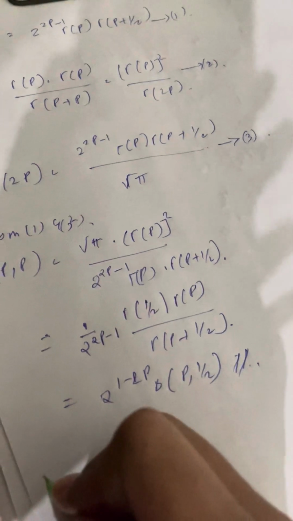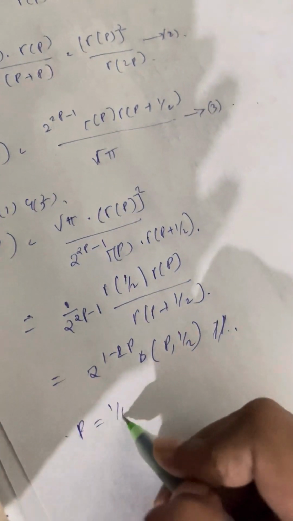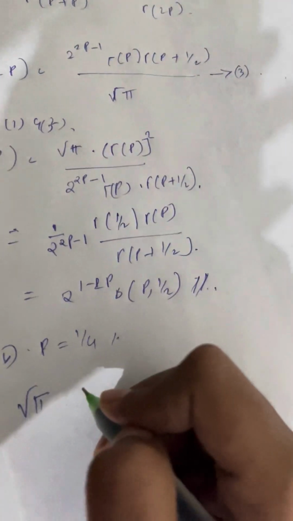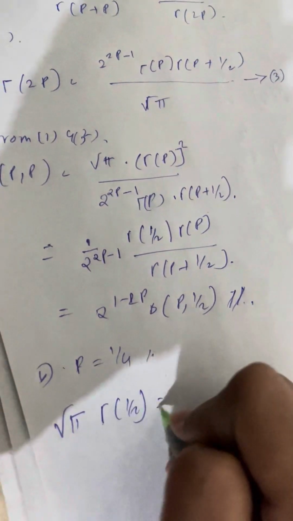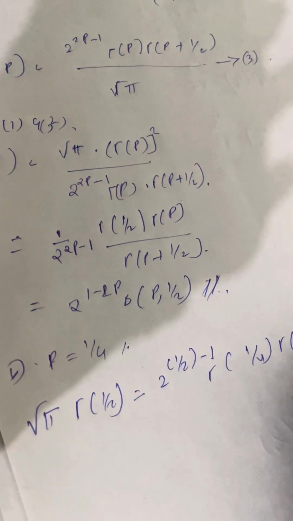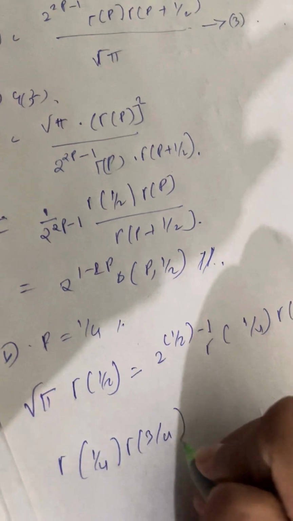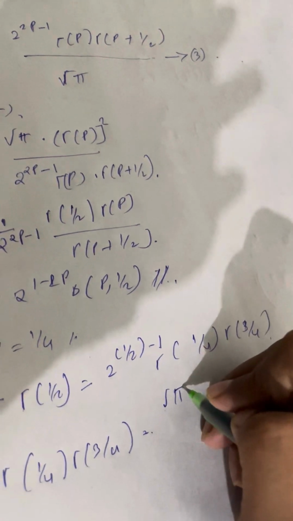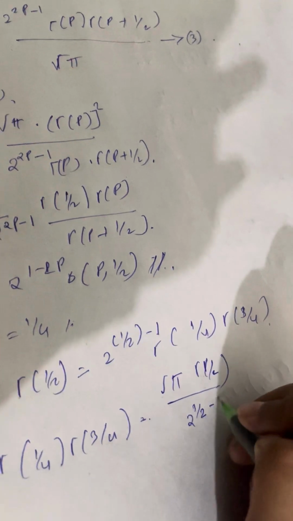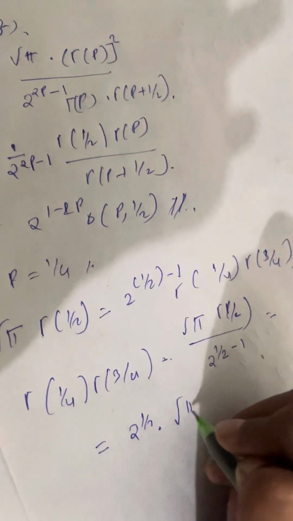This is the duplication formula. From this, putting p equal to 1/4, we get root pi into gamma of 1/2, which is equal to 2 raised to 1/2 minus 1 gamma of 1/4 into gamma of 3/4, so gamma of 1/4 into gamma of 3/4 is equal to root pi into gamma of 1/2 by 2 raised to 1/2 minus 1, which is equal to 2 raised to 1/2 into root pi into root pi.